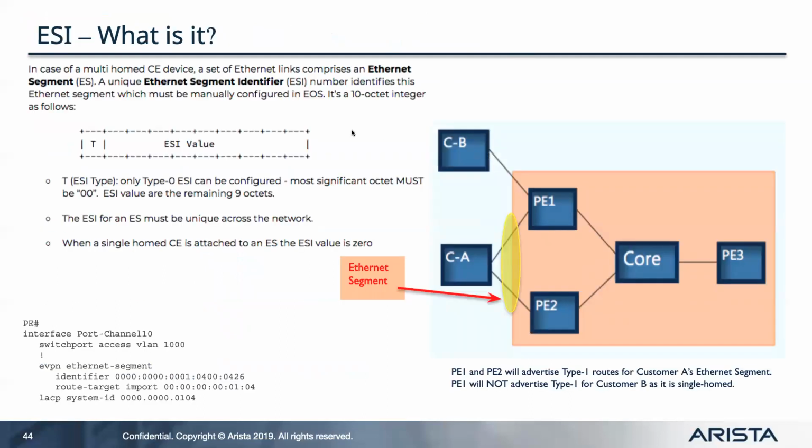What is, first of all, the Ethernet segment identifier? So let's understand that you have this customer A, which is connected to two VTEPs. Either we can consider it as a PE, or as we are more familiar with VTEP, let's consider these are two VTEPs.